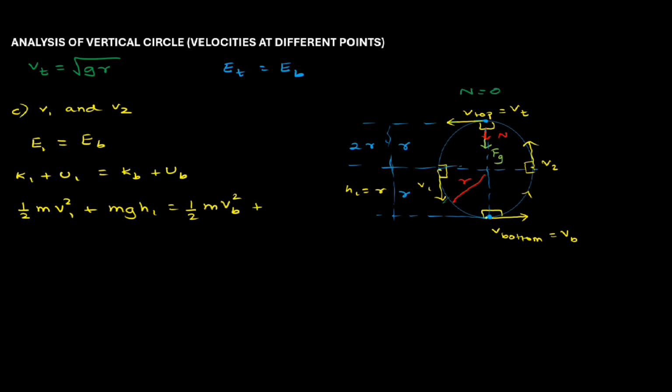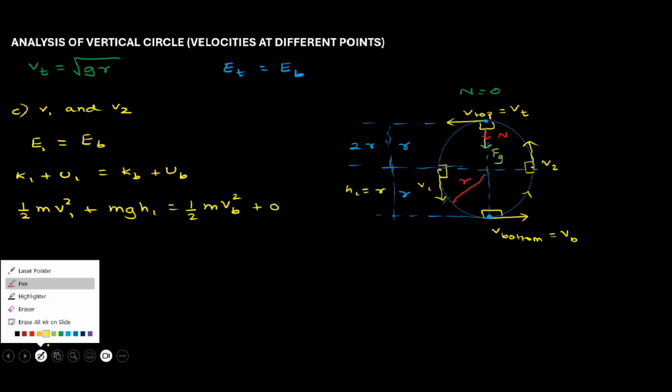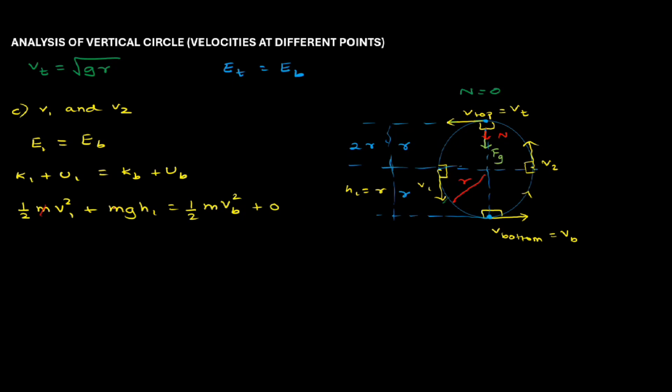Again, since the height here is 0, potential energy will be 0. Now we cancel off the values of m on both sides and rewrite our expression. We get v1 squared by 2 plus g h1 equals vb squared by 2.